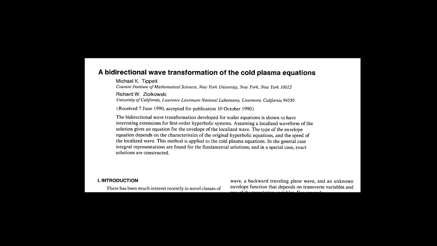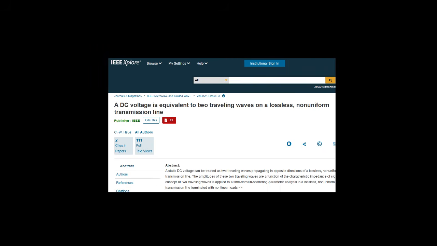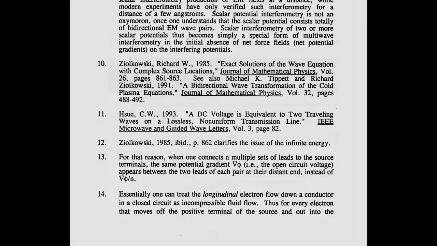A bidirectional wave transformation of the cold plasma equations, Journal of Mathematical Physics, Volume 32, pages 488 to 492. Sue, C.W., 1993. A DC voltage is equivalent to two traveling waves on a lossless, non-uniform transmission line. IEEE Microwave and Guided Wave Letters, Volume 3, page 82.